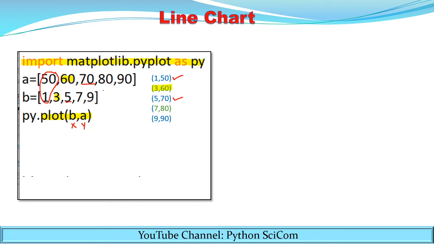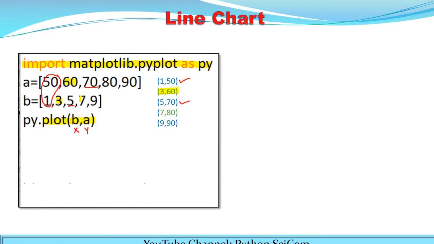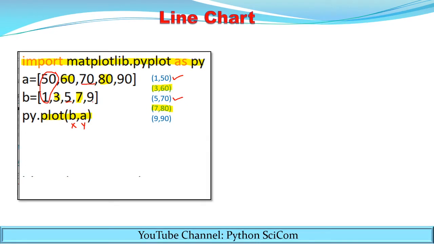The next point that will be represented will be 7 and 80. So the next point will be 7 comma 80. The last point to be represented will be 9 and 90. So the point will be 9 comma 90. So these are the points, and for these points we are going to plot the line.